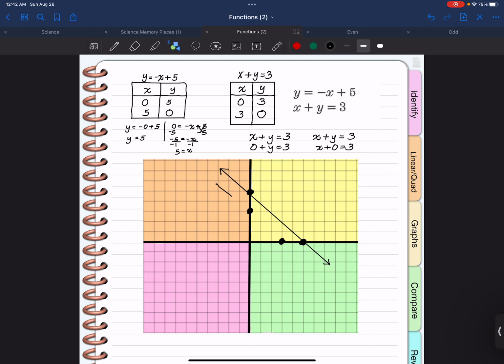This is definitely an inconsistent system because they're parallel lines. They never intersect. And remember, that's what we're looking at, is the intersection. So they do not touch.